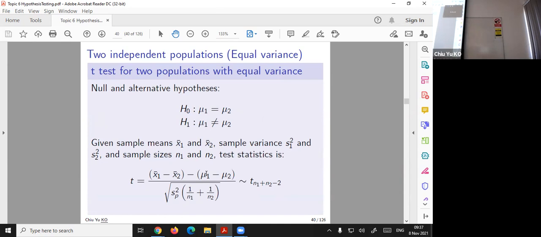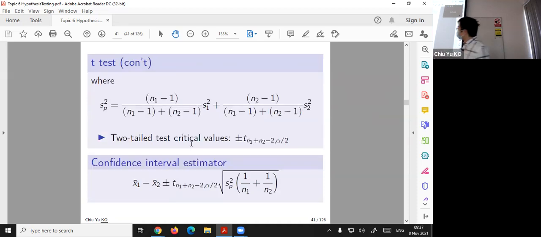Because you can estimate the population variance using the weighted average of the variances. Because with the same variance, the two sample variances are good estimates of the population variance, and you average them to get a better estimate. So this is an unbiased estimate, and this is also an unbiased estimate, and you combine the two unbiased estimates in the following sense.